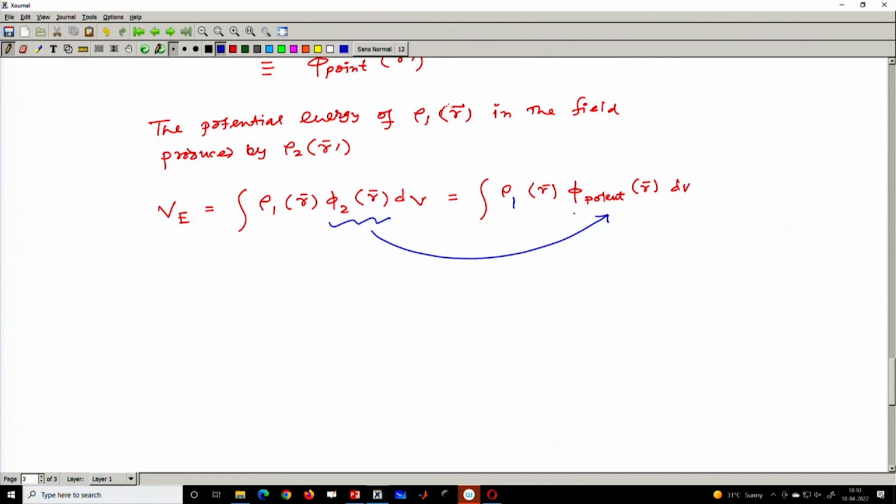Now, I am going to use the reciprocity theorem for this equation, and I am writing that here in a different color. So, this is over volume, this is over volume. If I use the reciprocity theorem for this, the point charge density will experience the same thing due to rho 1. So, I am writing this rho 1 and dV.